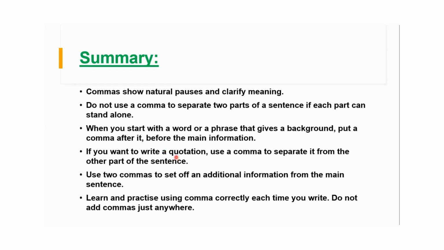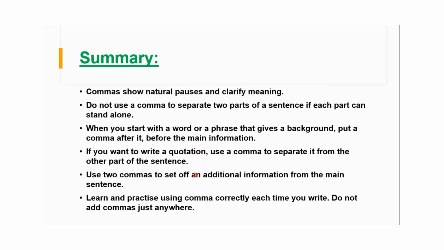Then we also learned that the comma should come beside a quotation or direct speech. You need to separate the person that you mentioned who said something, the name of the person you're quoting, and how that quotation was done before you separate it from the actual quotation. That's very important.